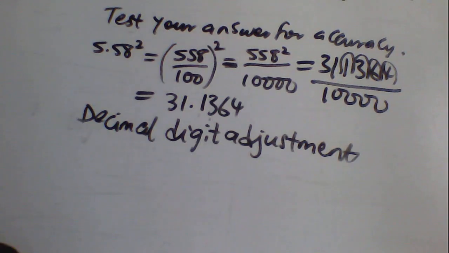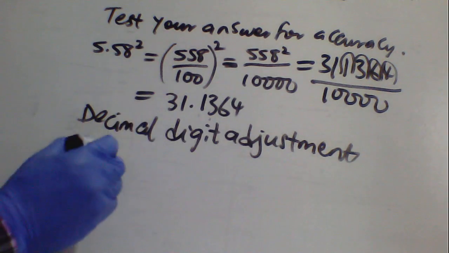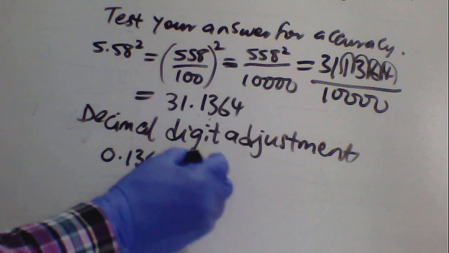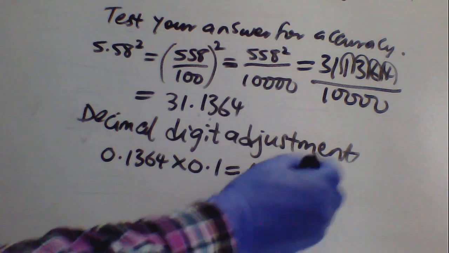So how do we perform decimal digit adjustment? All you need to do is to take the decimal part of 31, which is 0.1364, and multiply it by 0.1. That gives us 0.01364.